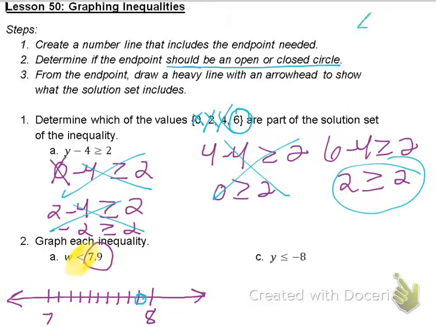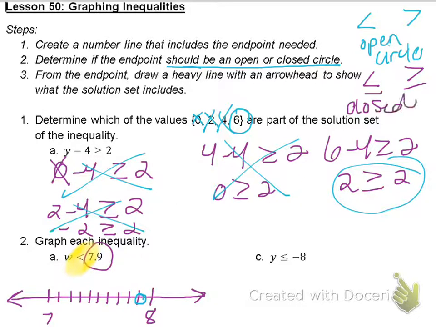So any symbols that don't have the line under them, greater than or less than, are open circles because they do not include the actual number that the circle is on. However, symbols less than or equal to and greater than or equal to are a closed circle. Sorry about my messy handwriting here. Closed circle.